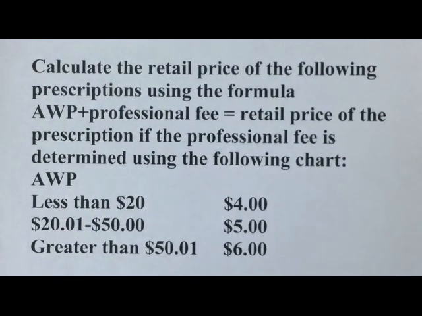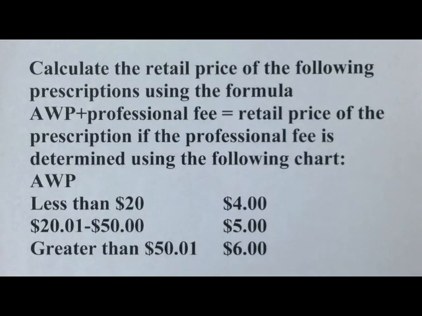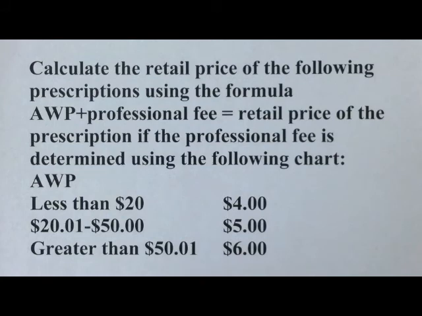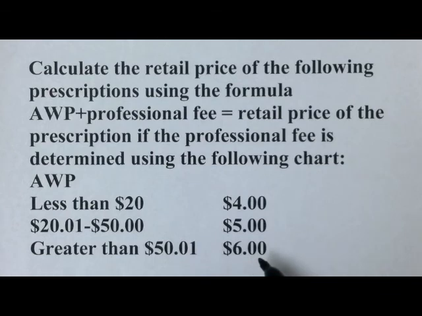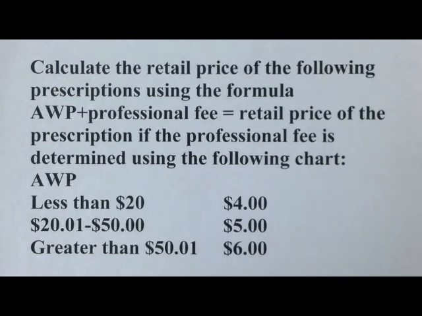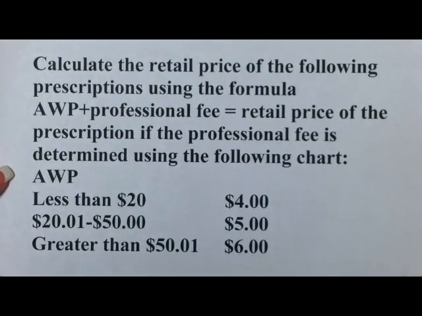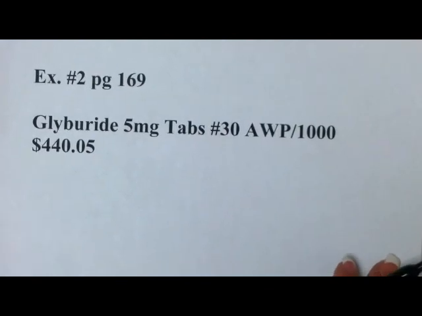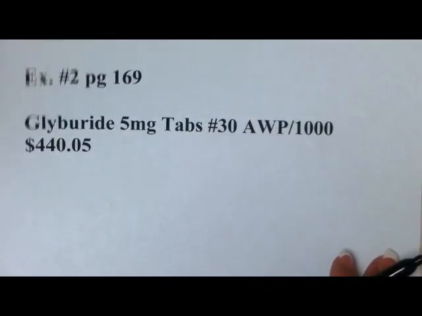The professional fee is used following this chart. First we're going to have to calculate the AWP, because if it hits one of these three ranges, then the corresponding professional fee is what we'll add to the AWP. That's the chart we're going to use, and this is the example we're going to pull from.